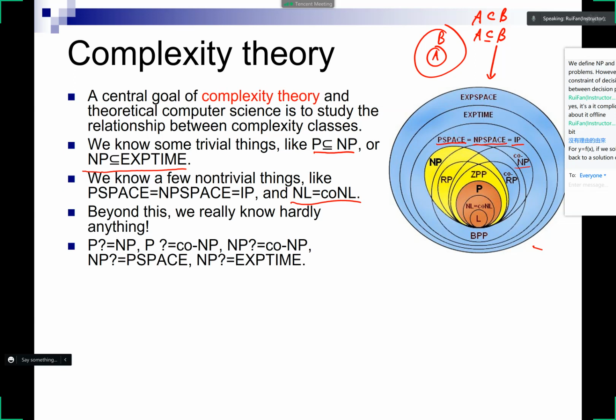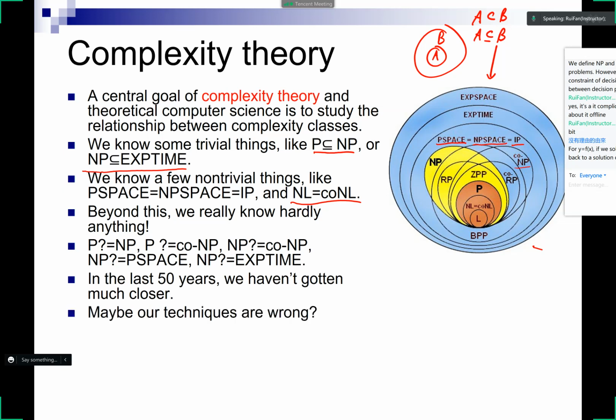There are many, many possible relationships in this diagram, and we actually only know a few of them. Things that we don't know are: is P equal to NP? We don't know that. Is P equal to co-NP? Is NP equal to co-NP? Is NP equal to PSPACE? Many of these things we actually do not know, and we haven't made too much progress either.